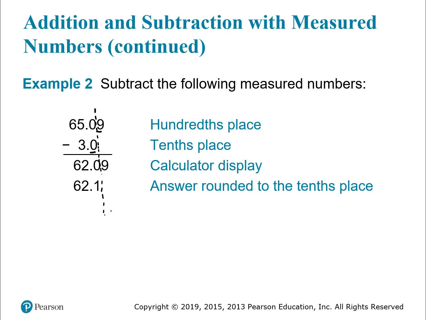But you need to know, all right, I need to round to the tenth place because that's as many decimal places as I have in my measurement with the fewest number of decimal places. So you're going to round. You're going to say, okay, I've got a 0 here. Next to it is a 9. That's 5 or more. So I'm going to round that 0 up to a 1. That's addition and subtraction.